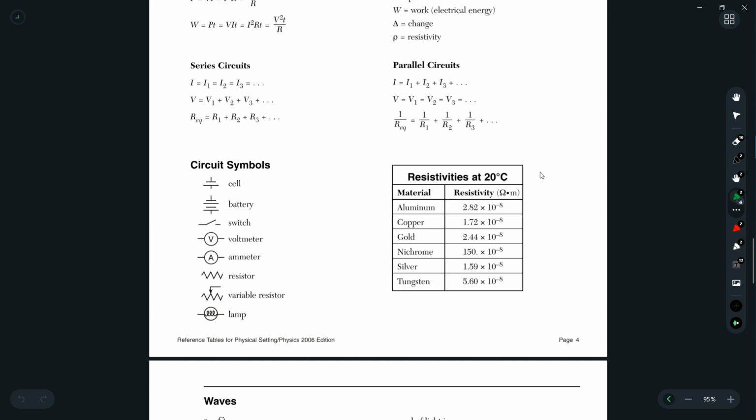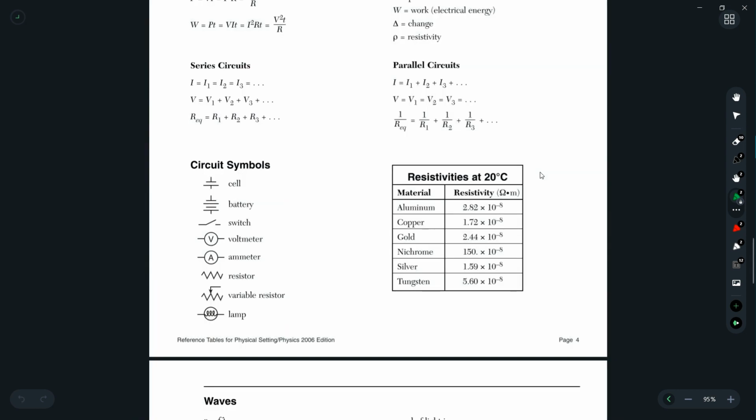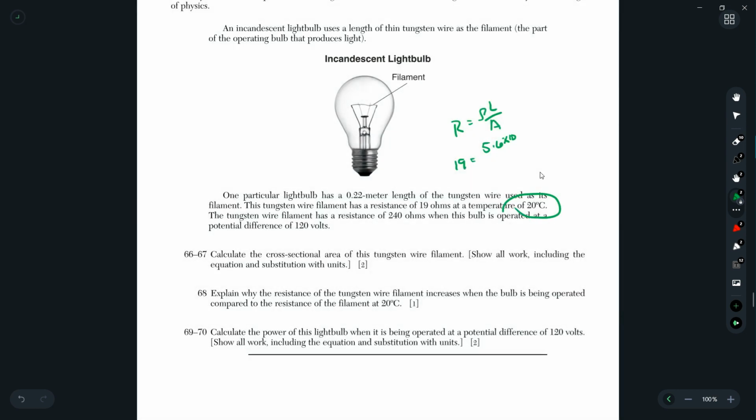So tungsten is 5.6 times 10 to the negative 8. The resistance of a wire equals rho times L over A. The resistance is 19, and that equals 5.6 times 10 to the negative 8 ohm meters times 0.22 meters over whatever the area is.